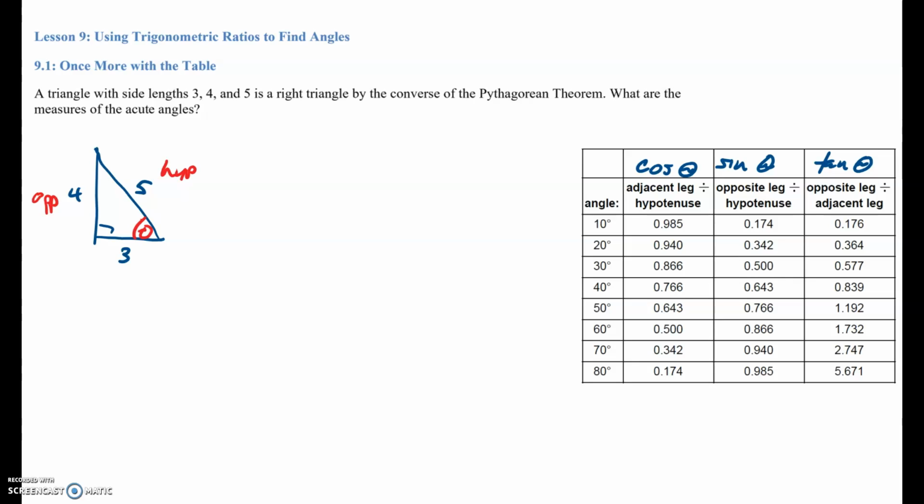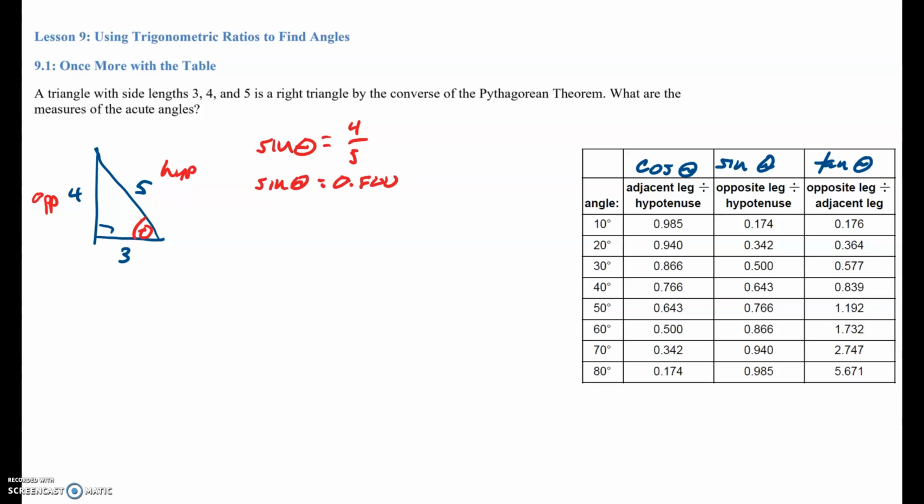So now I can set up my trig function. I know the sine of some angle is going to be equal to the opposite, which is 4, divided by the hypotenuse, which is 5. So I know the sine of this angle is 4 divided by 5, which is 0.800.